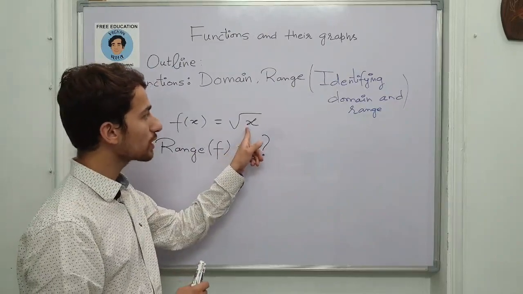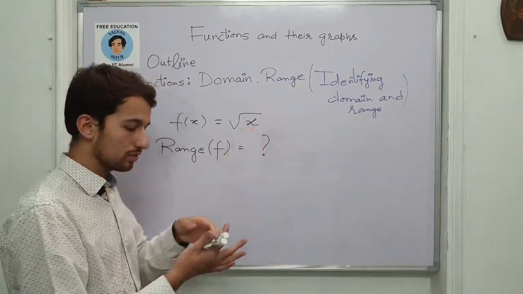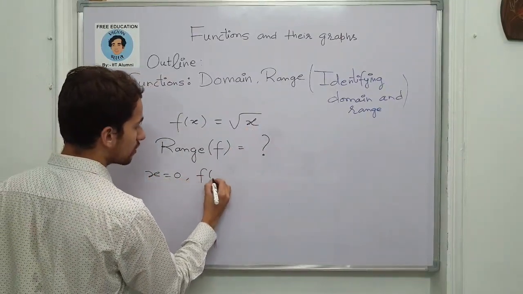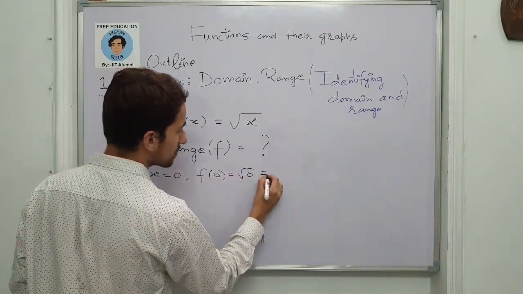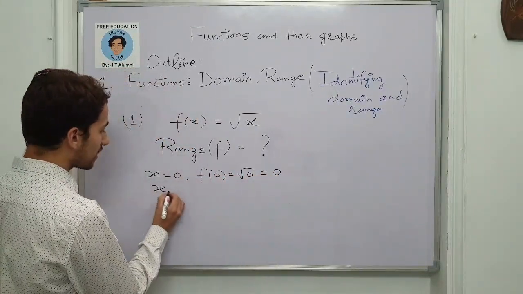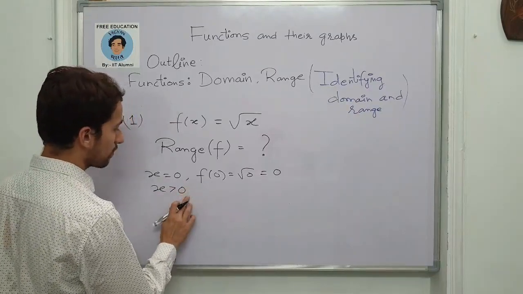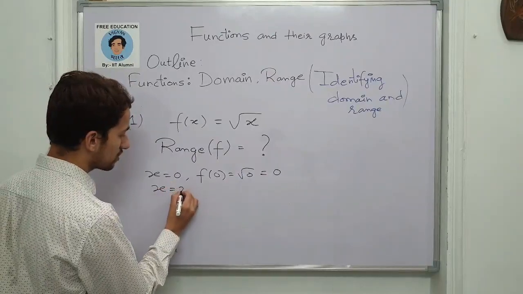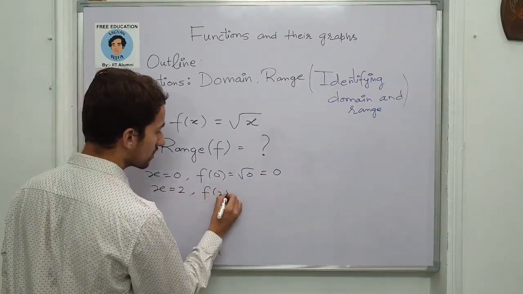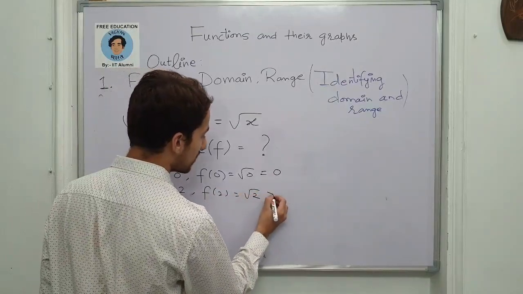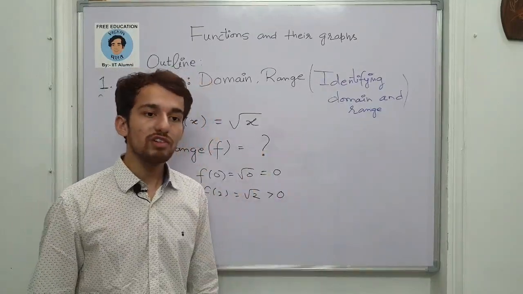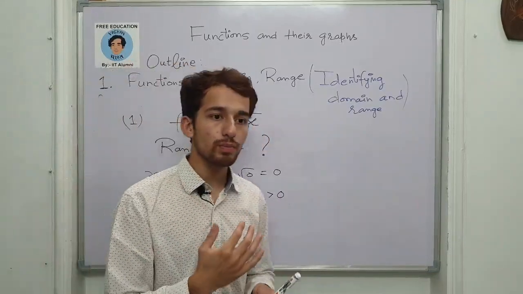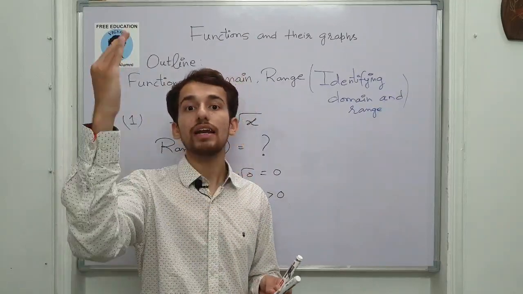If you choose your x to be 0 itself, then f of 0 is the square root of 0, which is of course 0. If you choose any positive value of x, suppose for convenience, just for the sake of calculation, I choose 2, then f of 2 is the square root of 2, which is again a positive number. You will find indeed that this function gives all the non-negative values as output again.